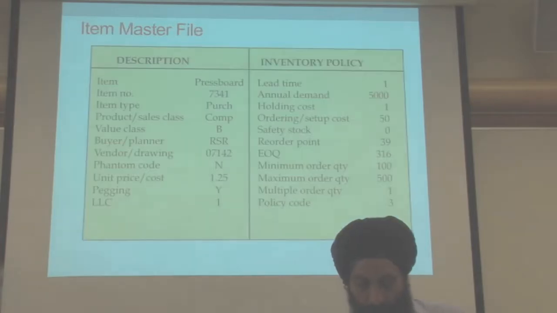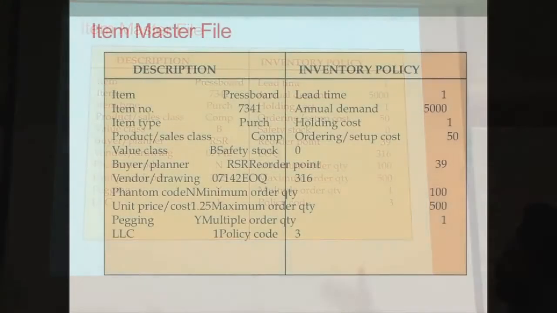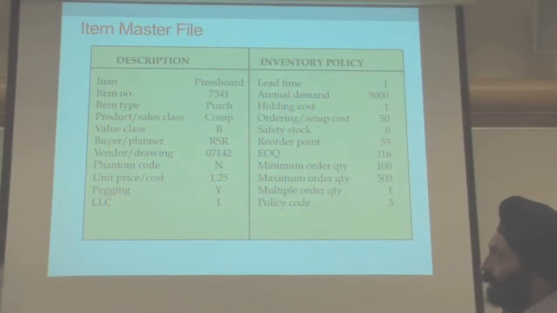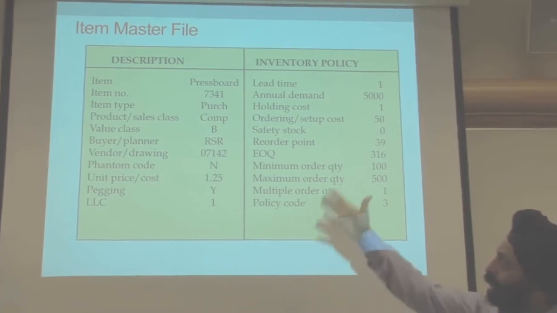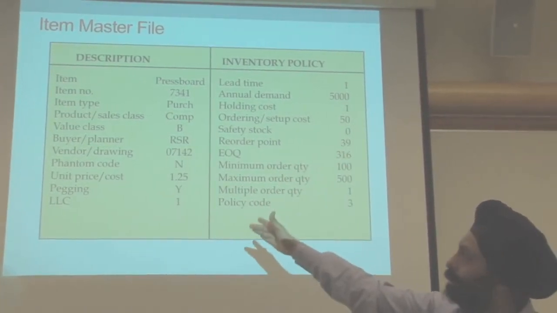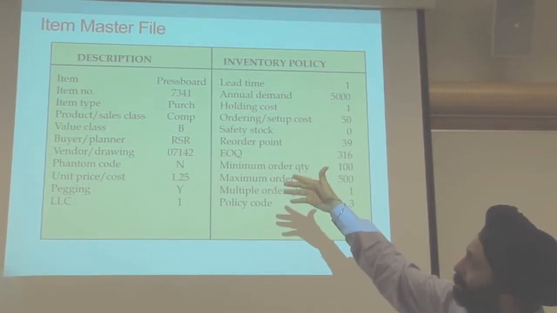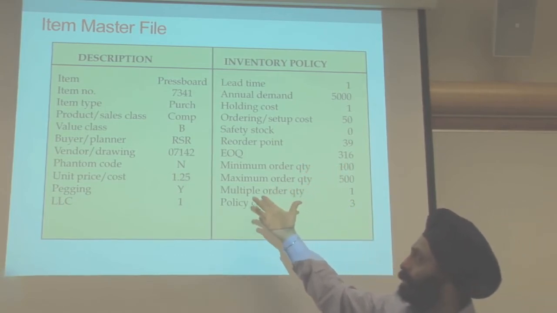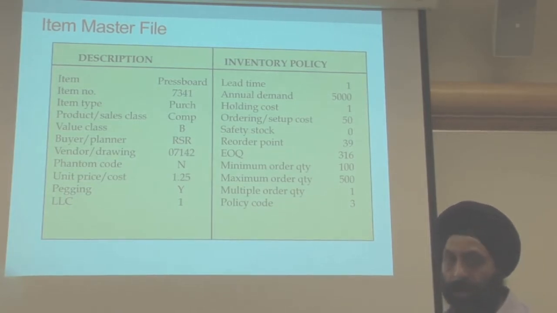Now, in terms of item master file, this is the example of how it appears on the shop floor. Item is press board. What is the item number or SKU number? Item type is purchased item. Its sales category is composite. Value is ABC item.